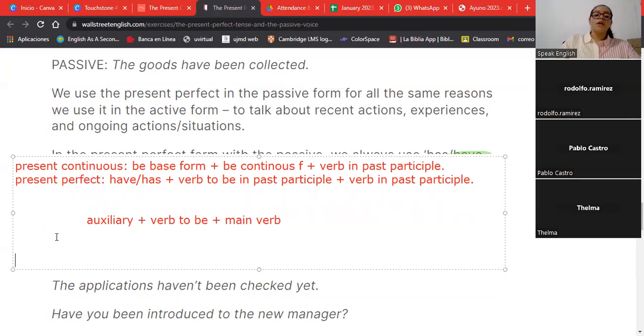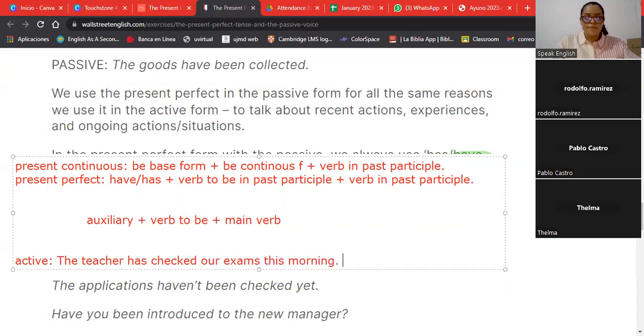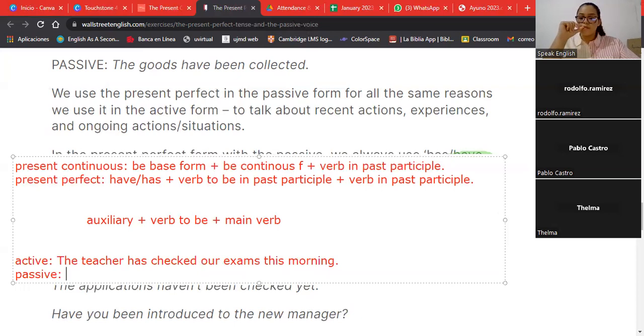Okay. Now I'm going to write 2 sentences over here and I want you to change them into the passive voice. This is the active. The teacher has checked our exams this morning. Which would be the passive voice of this sentence?